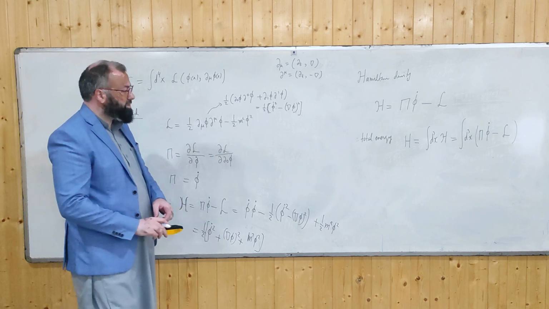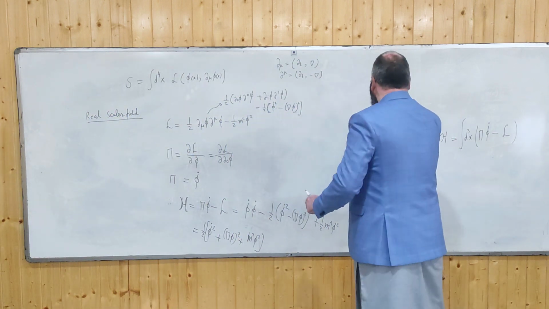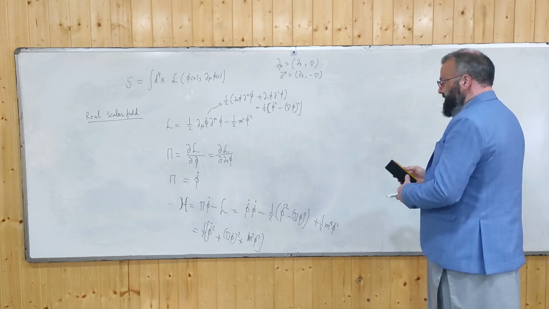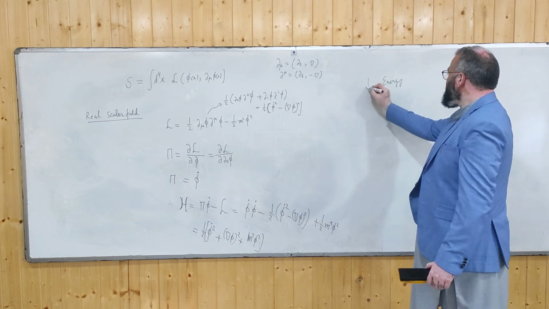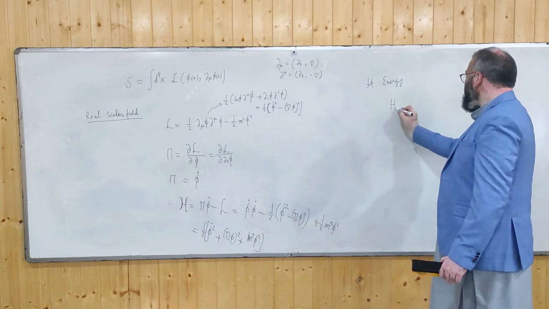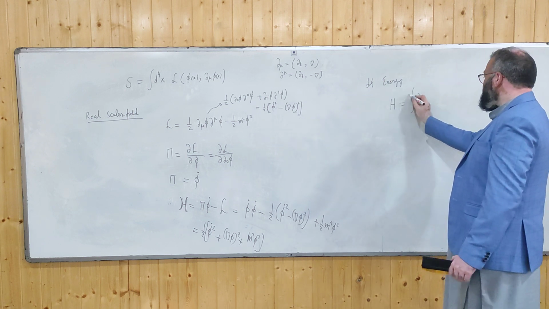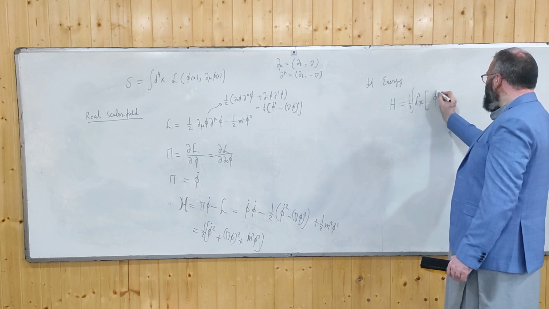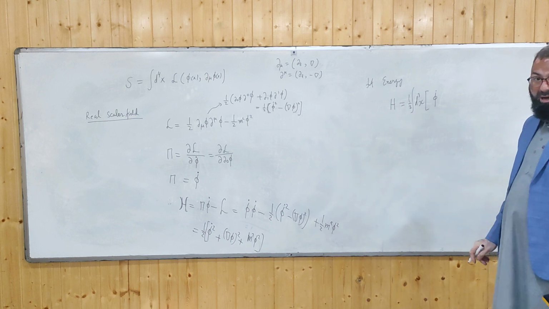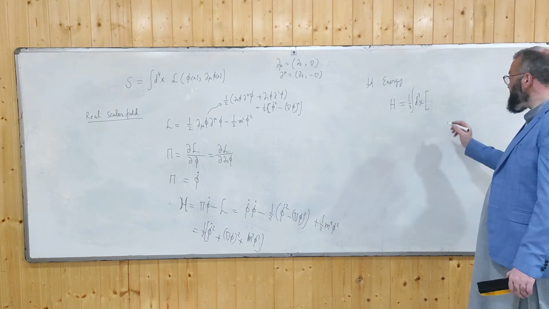Clear? So let's now write the total energy. The total energy is simply the integration over volume. So H is equal to the integration dx of that. So half outside, and you have phi dot square. What is phi dot? That's pi. Let's write it as pi because we have to put it in terms of momentum.